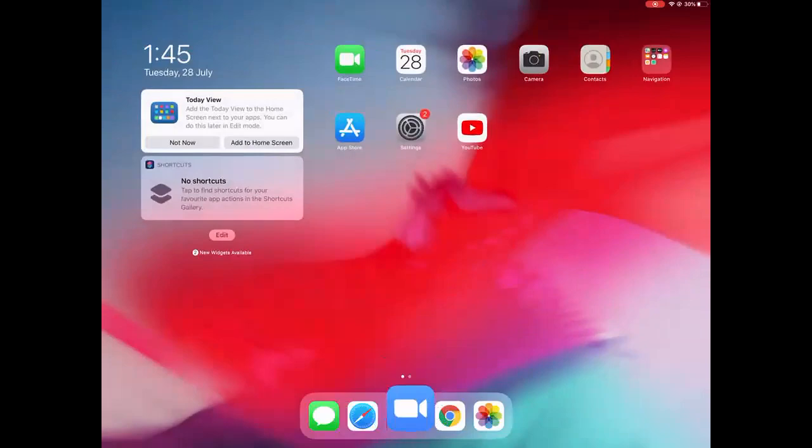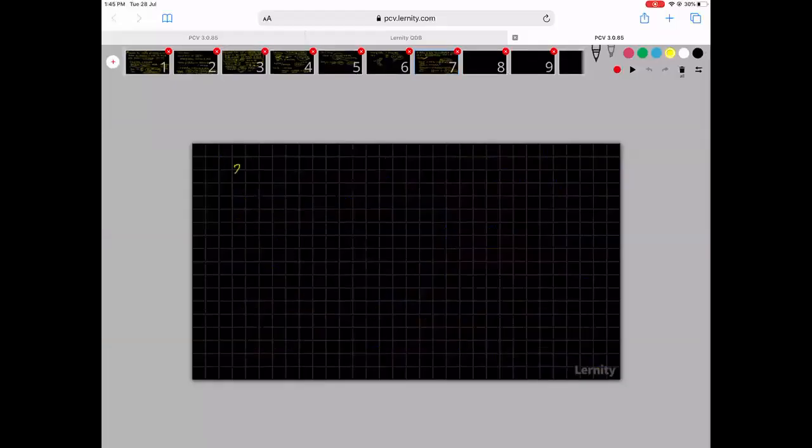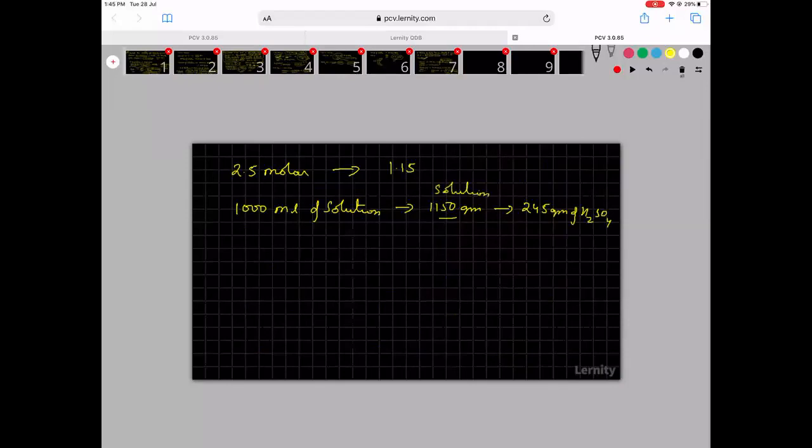See, I'm saying suppose the solution is 2.5 molar and suppose its density is 1.15. That means in 1000 ml of solution you have 1150 grams. Now in 1150 grams you have 245 grams of H2SO4. This is of solution, this is of H2SO4. So if I subtract them, I'll get 955.